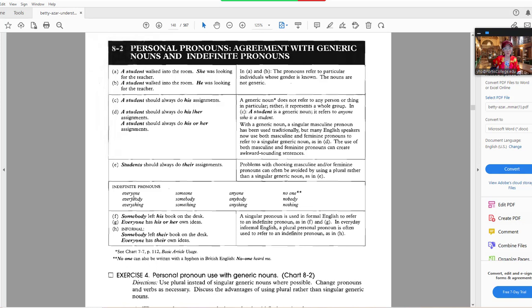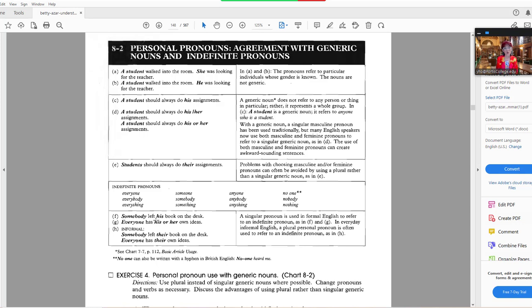Everyone does his or her homework. Everybody does his or her homework. Everything, his or her. So here you have all of them, his or her. And so that is formal English, but in modern day English, people are now using their instead of his and her in order to be gender neutral. And so nowadays it's trendy to say a student should always do their assignments.